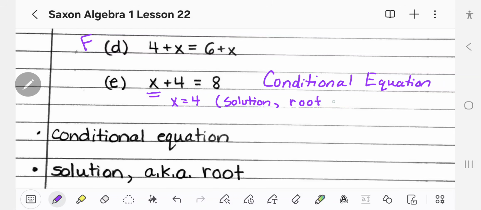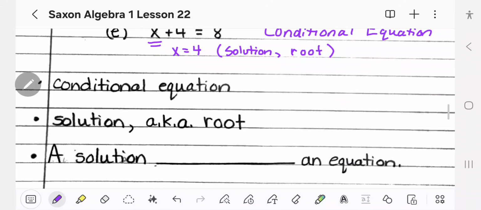That sounds kind of weird, isn't it? But the root of the equation, that's just another word for solution. So you'll notice for homework on this, sometimes they'll say, is 4 a solution for this equation? Or maybe they'll say, is 4 a root of this equation? And they're just trying to get you used to the fact that both of those are acceptable terms for solutions.